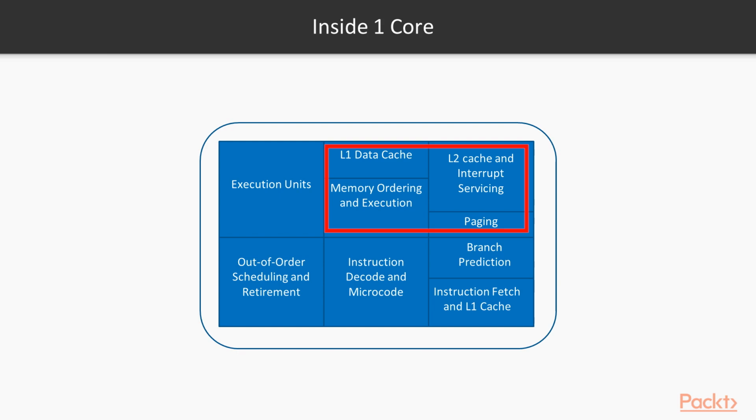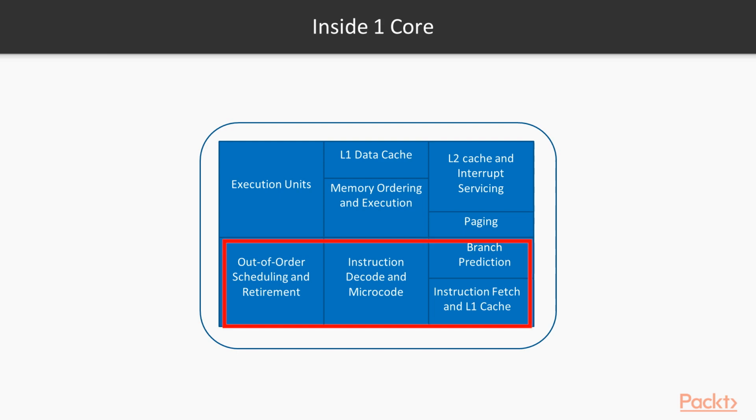So the multi-layered cache architecture allows us to smoothly transition between very, very fast memory that's kept very close to the ALU and the floating point units, all the way out to the system memory, which can take sometimes on the order of hundreds of clock cycles to actually access.